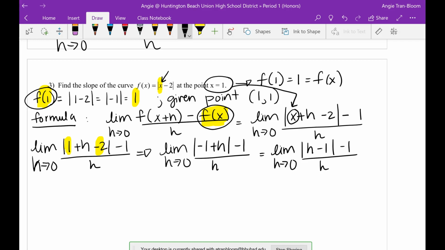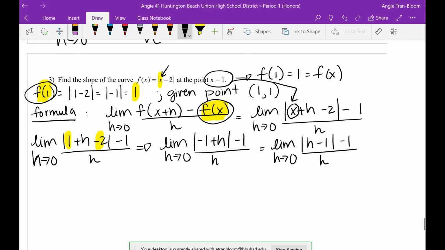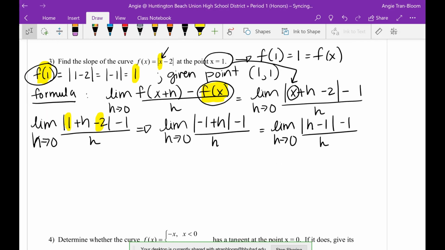Here's the part where it's going to be slightly unique because of an absolute value. This is where we are. Now you have an absolute value of h minus 1. As h approaches 0, I want to know what's going on. So let's spell this out.